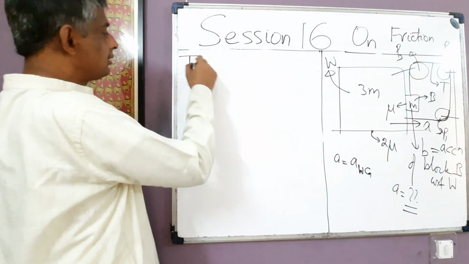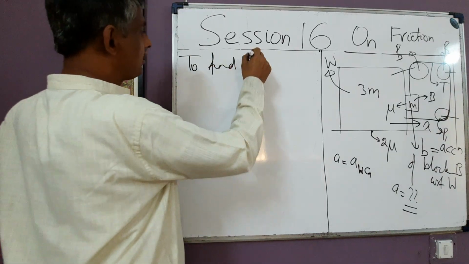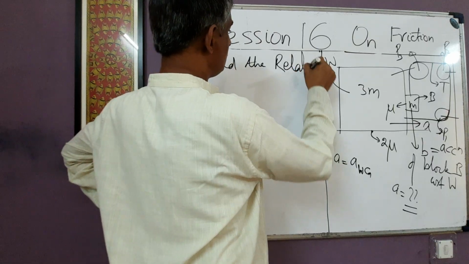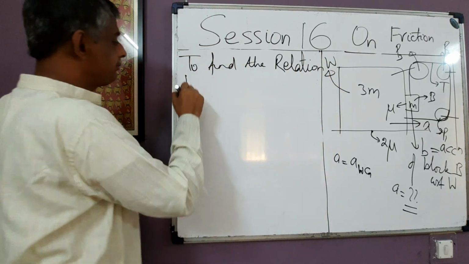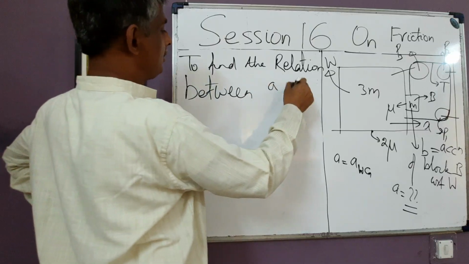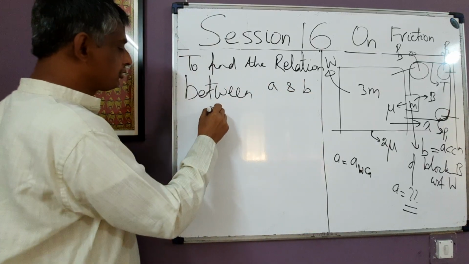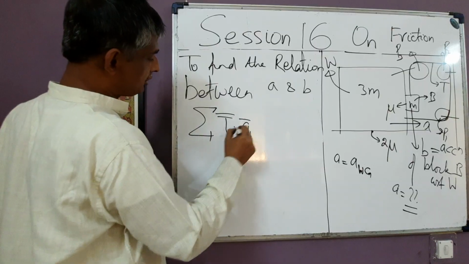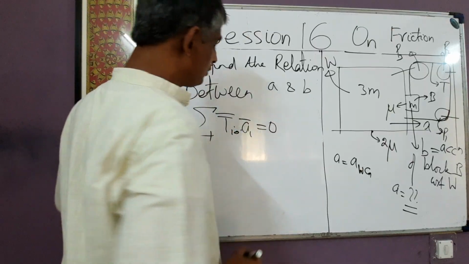To find the relation between A and b, we use the following rule: summation over T dot A is 0.